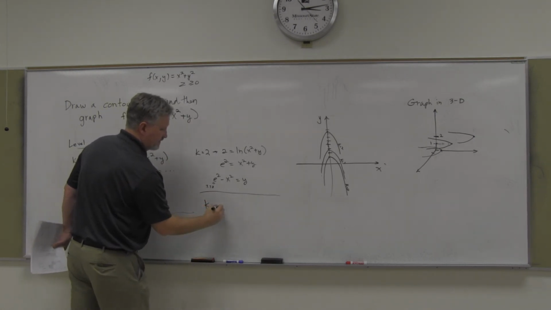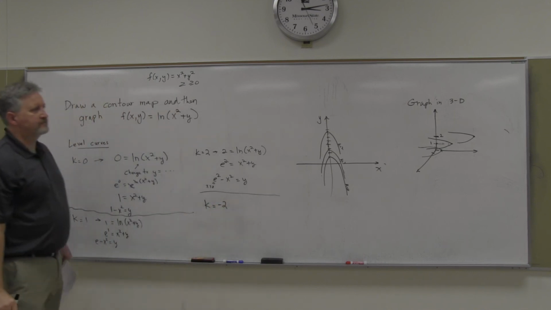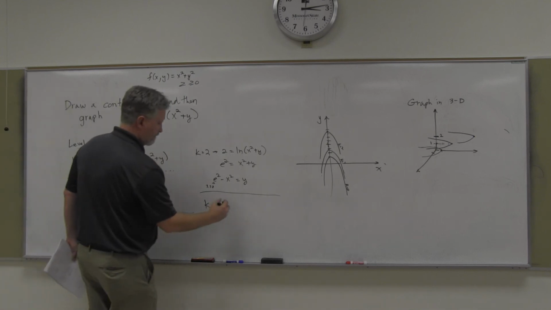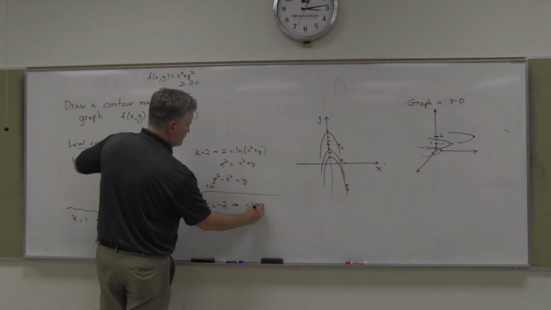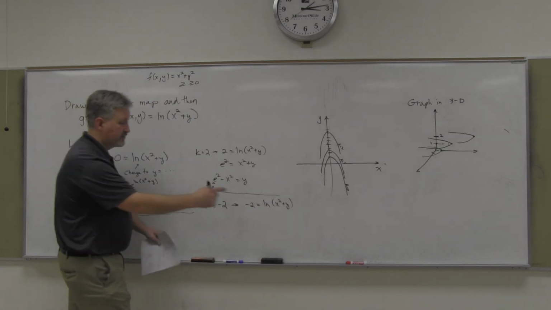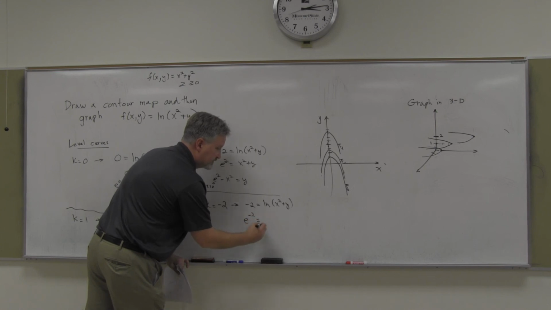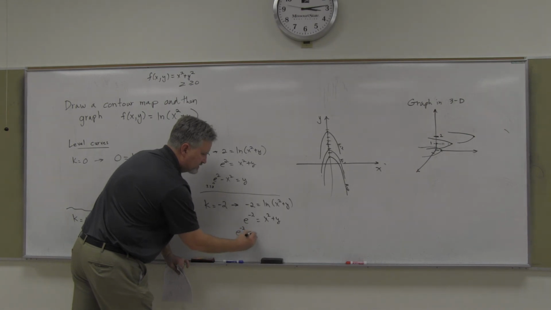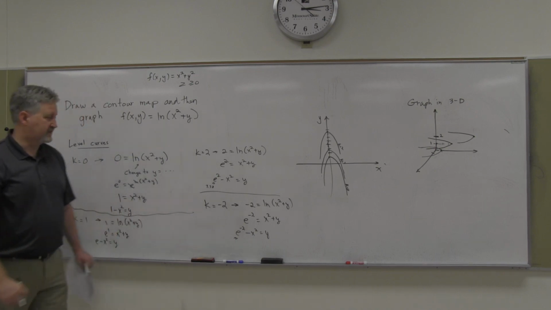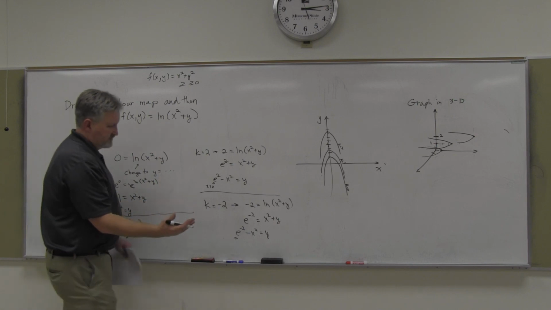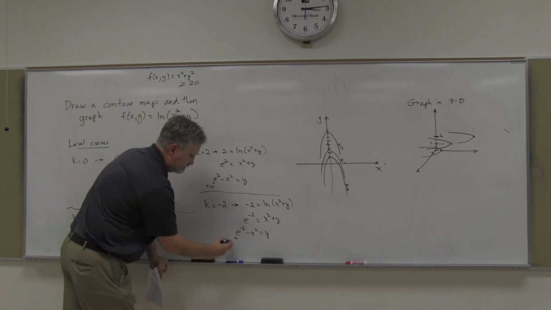If I do a level curve, say at -2, let's see what happens. Well, that would put us at -2 equals ln of x squared plus y. Exponentiating both sides, you get e to the -2 equals x squared plus y, so e to the -2 minus x squared equals y. What's e to the -2? It's 1 divided by e squared, so 1 divided by 7, a seventh, something like that.